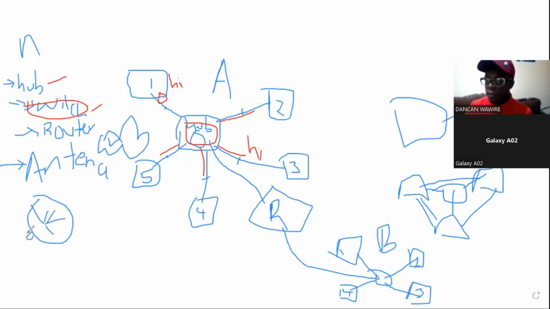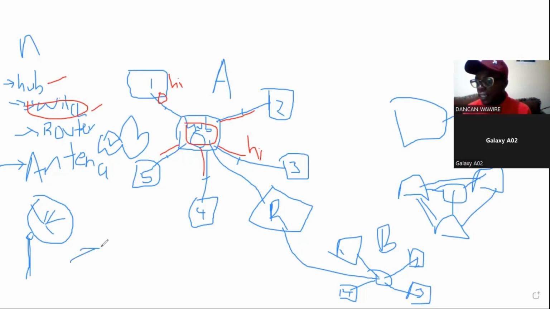It's mounted to a pole and usually points in a specific direction. Because it usually maintains a straight line of sight, I think after the break I'll talk about the internet, so you'll get to understand why they maintain a straight line of sight. If you explain the internet, I'll talk more about this one.